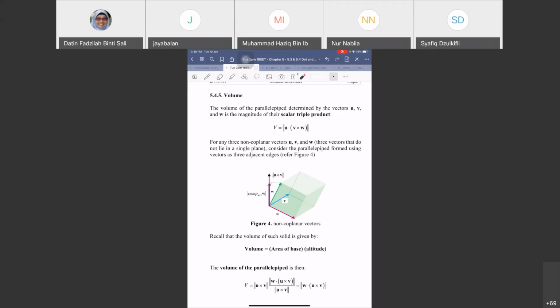It's the same like your cube. Two-dimensional is a square, so three-dimensional you call it what? Cuboid. Okay, so you have that. Like the two-dimensional circle, three-dimensional is a sphere. So a parallelepiped is the three-dimensional version of the two-dimensional parallelogram.